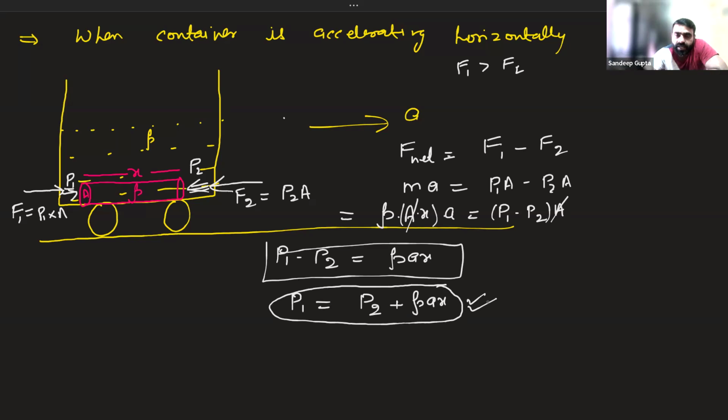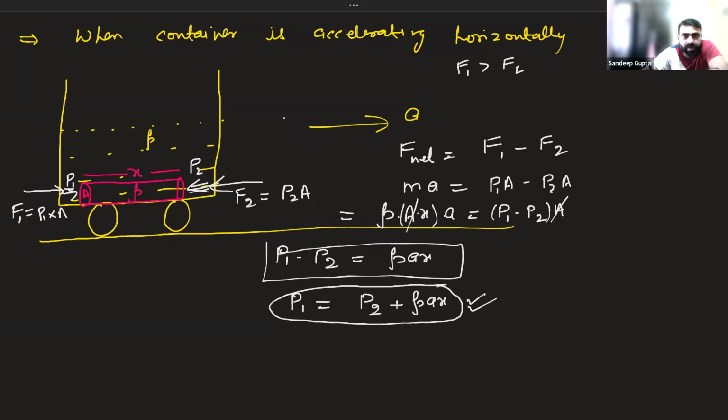So the conclusion is, if the container is accelerating towards right, then left side pressure is more. That means on that side where it is moving, in that direction pressure will be less. You can see that P1 is greater than P2 by rho a x. Understood? Yes sir, understood. And pressure is more, so height will also be more.